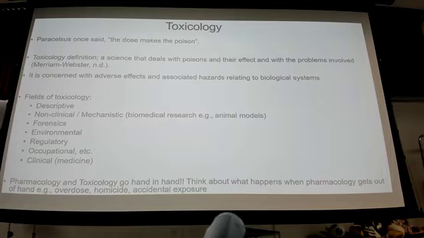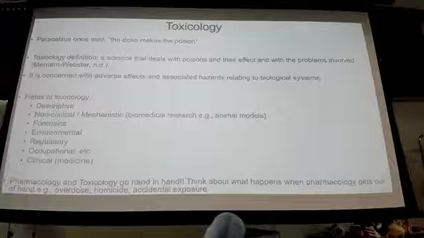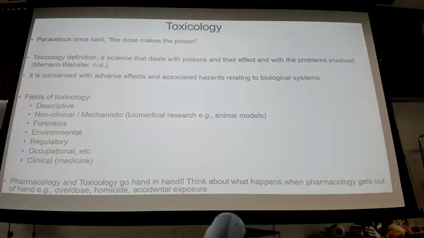So there's many different fields of toxicology, descriptive, mechanistic, those work together to determine what the mechanism of a toxic agent's or drug's action is. Non-clinical is what I have done in my research, looking at animal models, determining exactly how toxic agents work and what it does to the body.